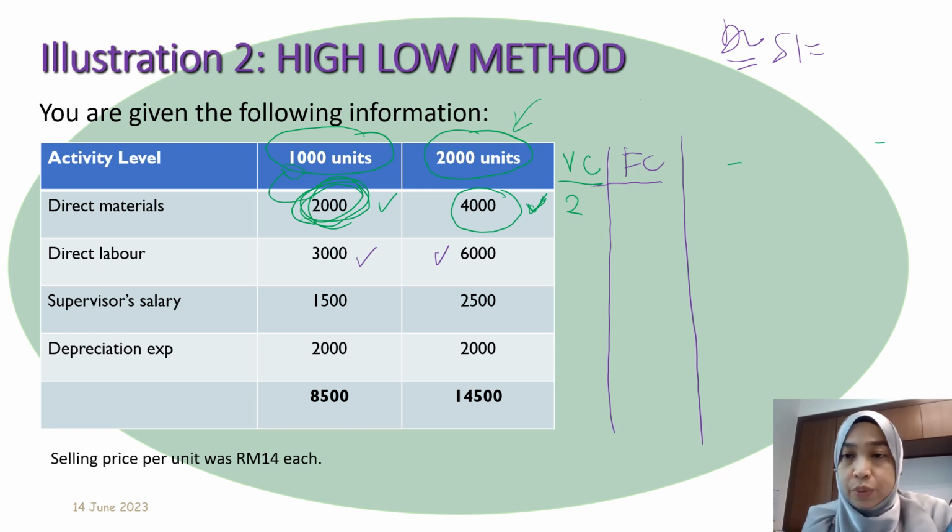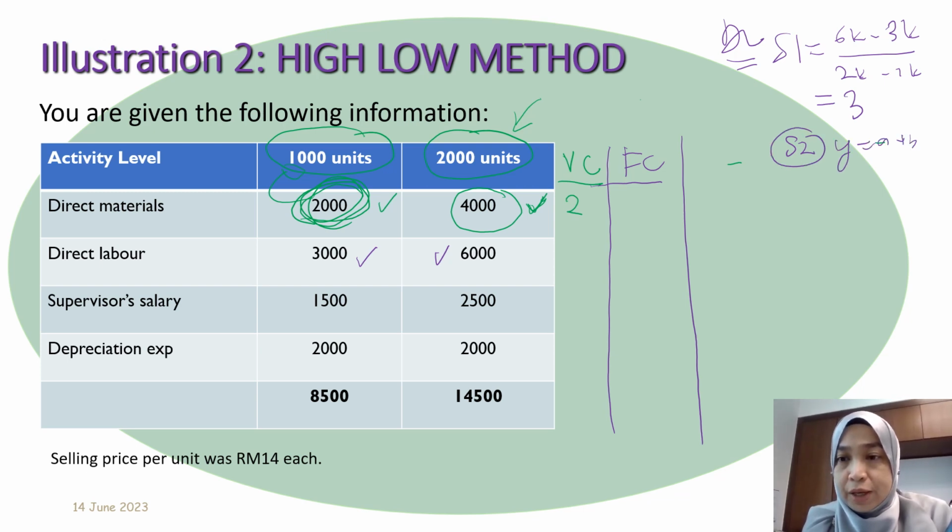minus lowest value. So 6,000 minus 3,000, divided by highest activity level 2000 minus 1000. Then you solve this equation, you will get 3 ringgit. And then step 2, y equals a plus bx again.